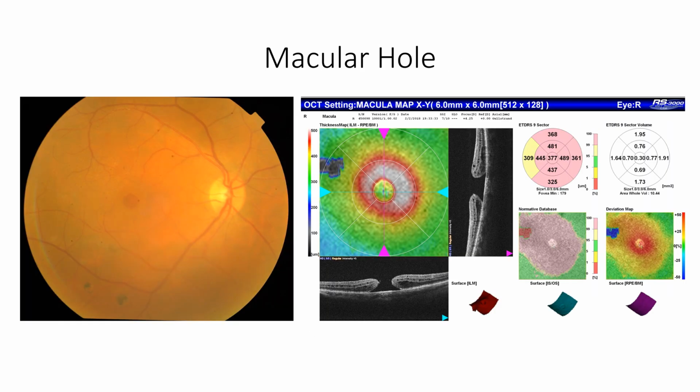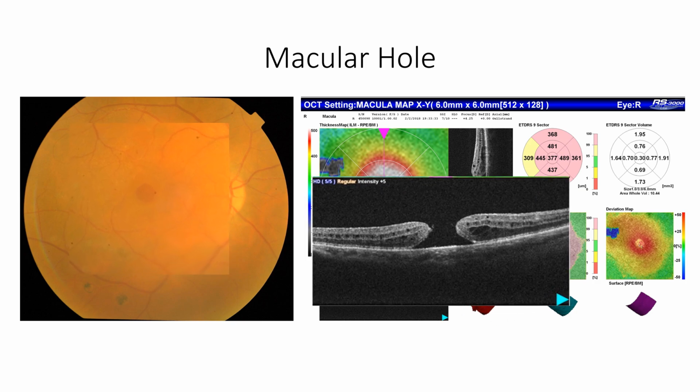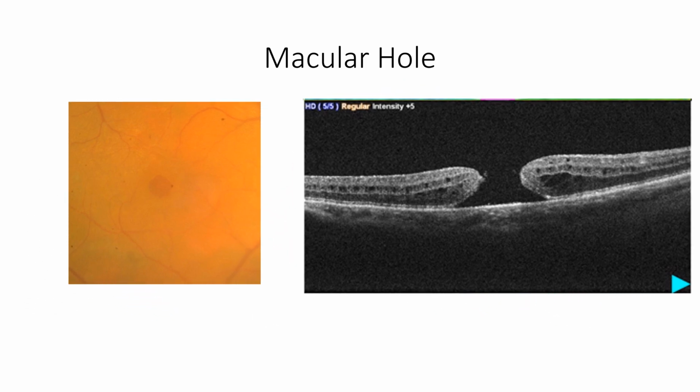Now this is a picture of a macular hole and a corresponding OCT image. So on a fundus photograph, we have a defect in the neurosensory retina at the fovea, and we can see the retinal pigment epithelium through this.